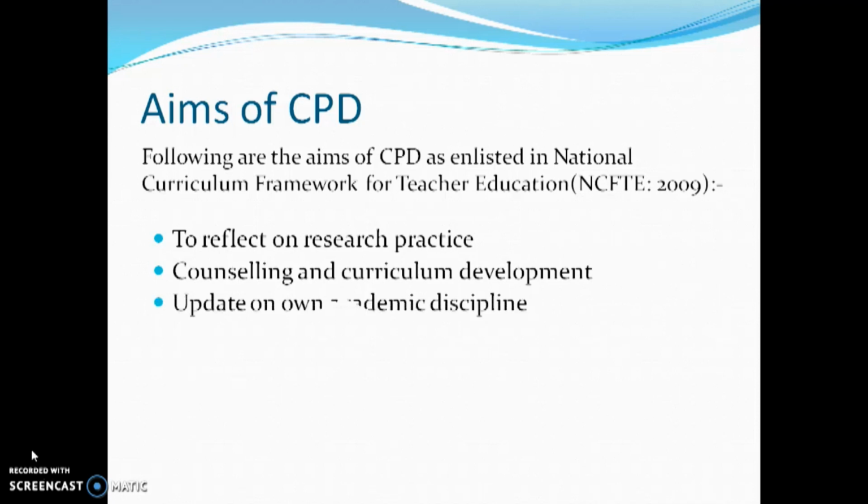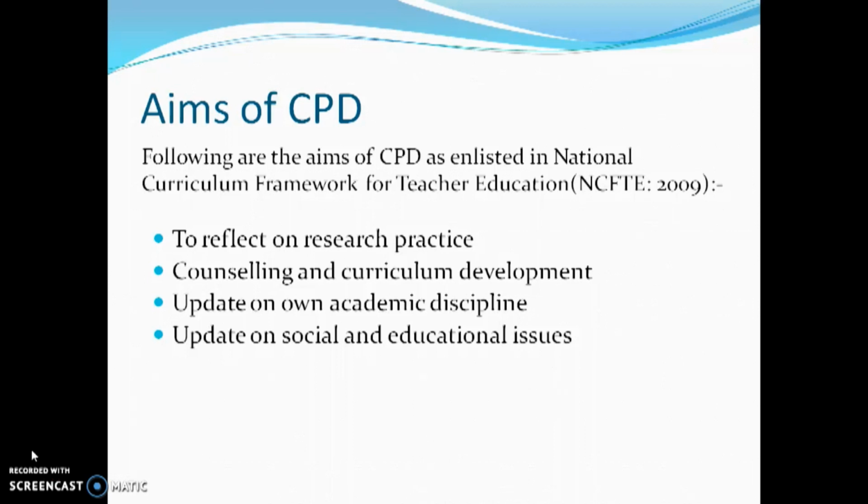Next aim is to update on one's own academic discipline. Updating one's respective academic discipline with recent knowledge and discovery is to be a habit of a teacher and she should always cultivate it. Next, update on social and educational issues. A teacher should not remain aloof or indifferent from social and educational issues.